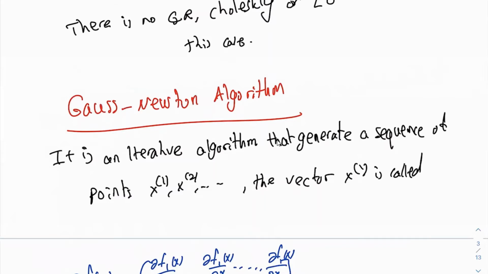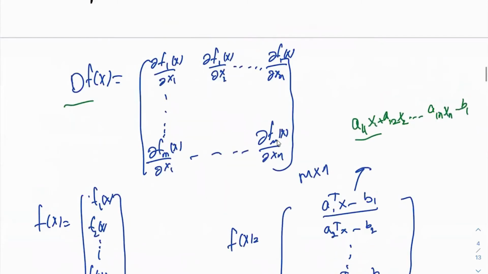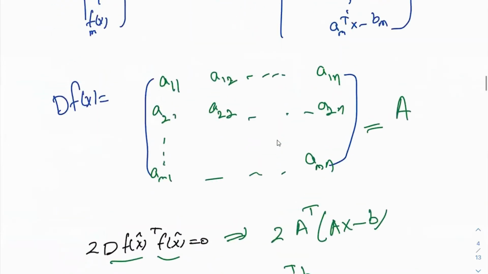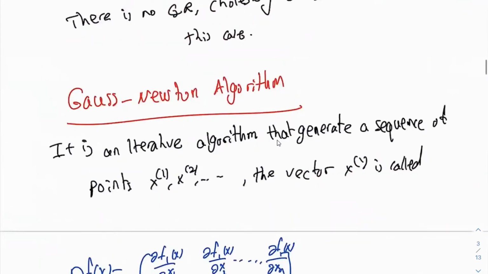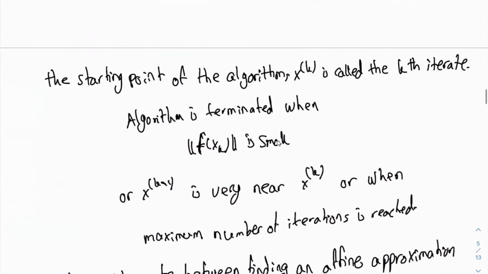Here I define the df of x again, on a new page that I created. So this is the Gauss Newton algorithm.